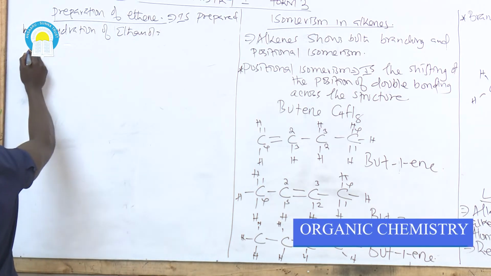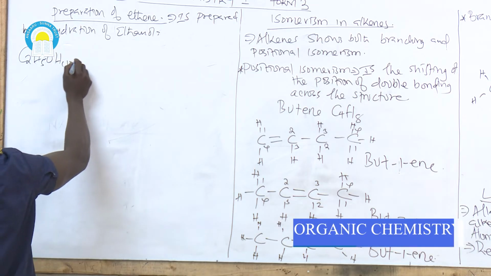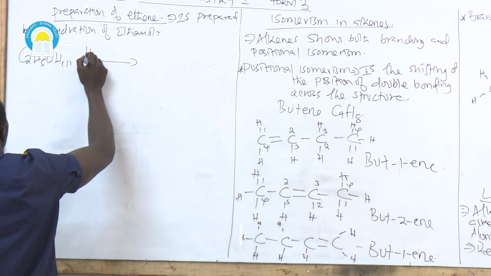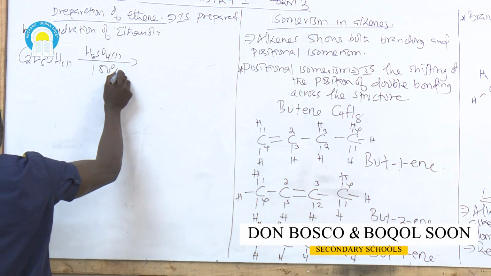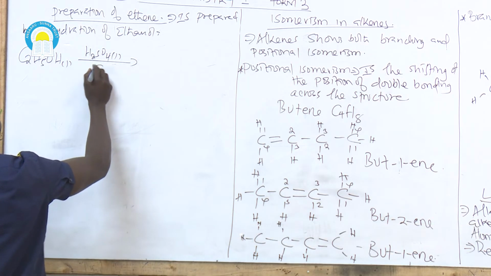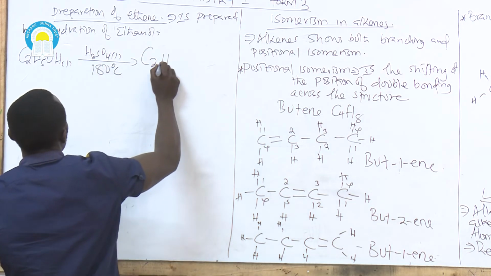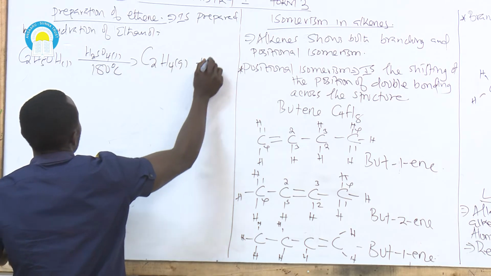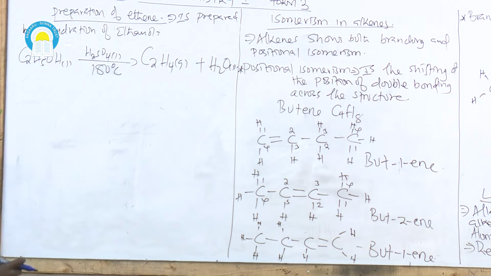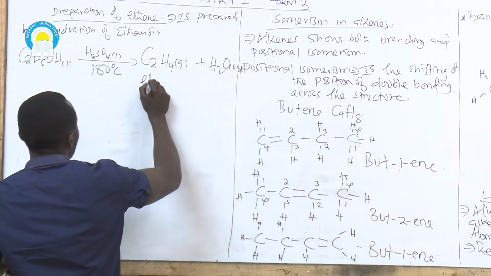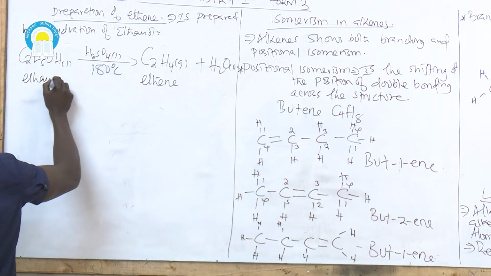So we have ethanol, which is C2H5OH, liquid. We have H2SO4 liquid at a temperature of 180 degrees Celsius. We are going to get C2H4 gas plus H2O liquid. So we have already obtained ethene. This is ethene. This here is ethanol.